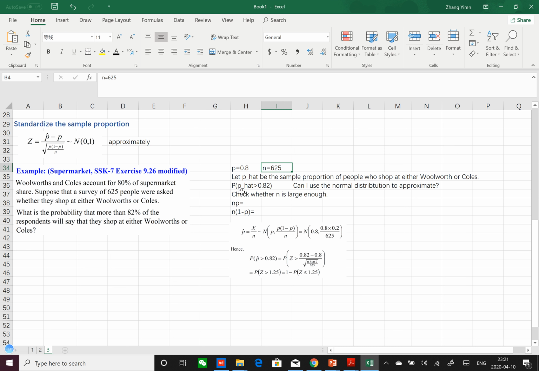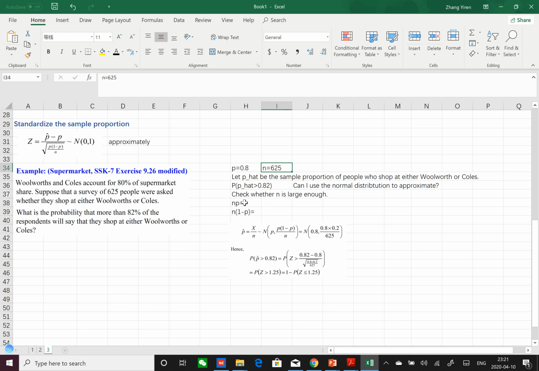Now we're trying to find the probability that p hat is larger than 82%. First, can we use the normal distribution to approximate? Can we use the central limit theorem? We have to check whether n is large enough.